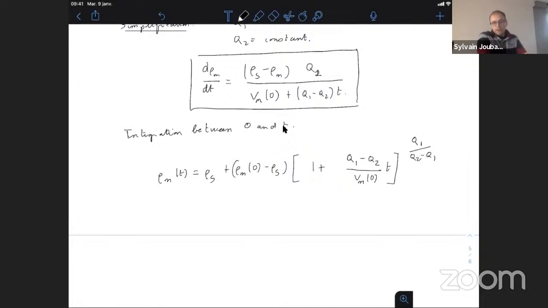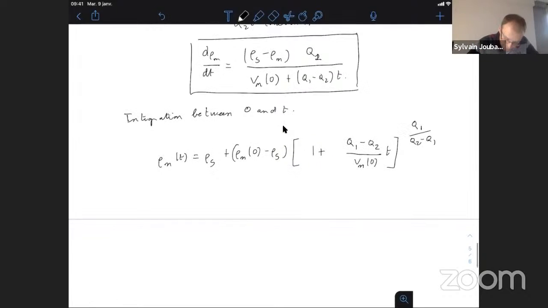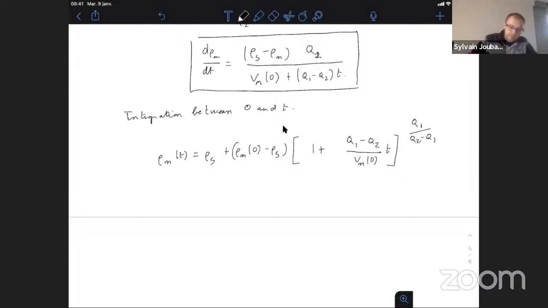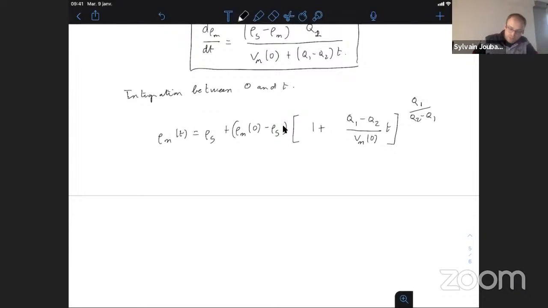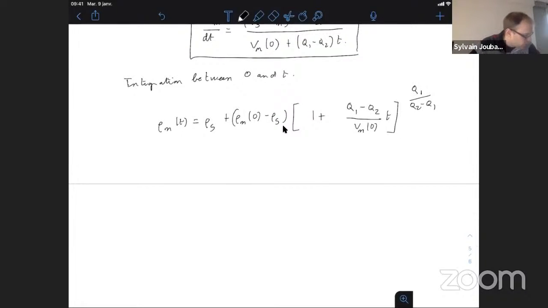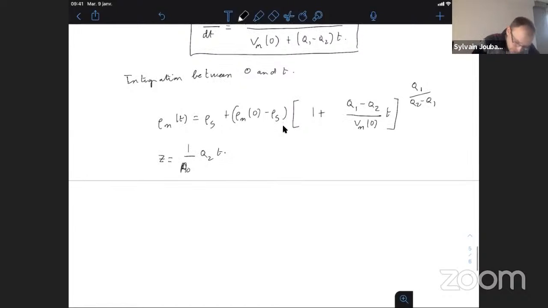That's just the integration of the previous equation. I'll just skip one step, and then by rearranging the different terms, you get this formula for the density in the tank. Since you also have z, which is equal to 1 over A_0 times Q2 times t, you can get rho_m as a function of z.